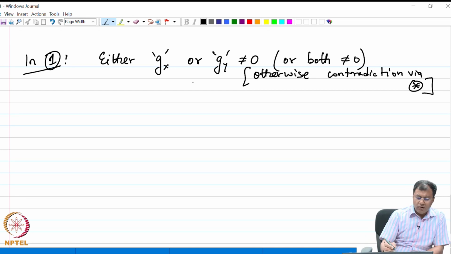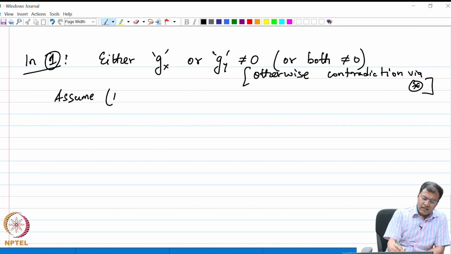So, we assume without loss of generality that one of them is non-zero, right. So, let us say that g y is non-zero.